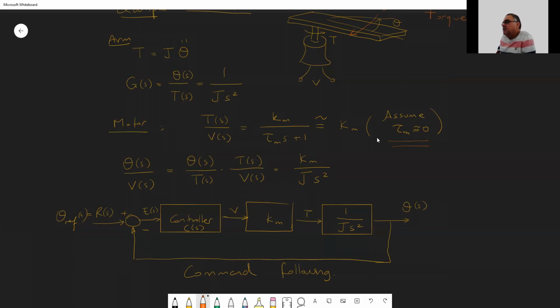So there is a degree of speed between them. If the motor is 10 times, 100 times faster than the arm, you can neglect the dynamics of the motor because the dominant response would be the arm dynamics.